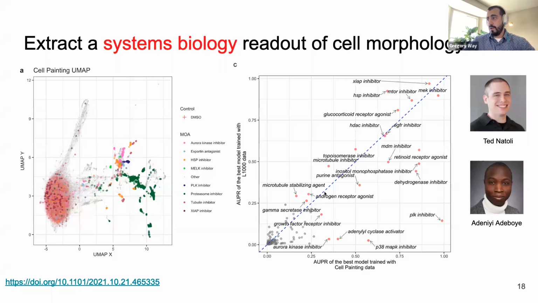But anything below this dotted blue line, we were able to predict better using cell painting readouts than L1000 readouts. So things like PLK inhibitors, P38 MAP kinase inhibitors, dehydrogenase inhibitors were predicted much more robustly using cell painting. But then there were a handful of MOAs that were predicted rather well no matter the assay.